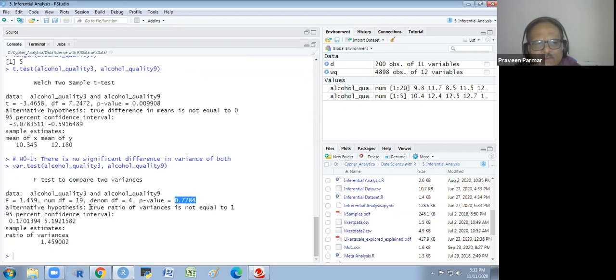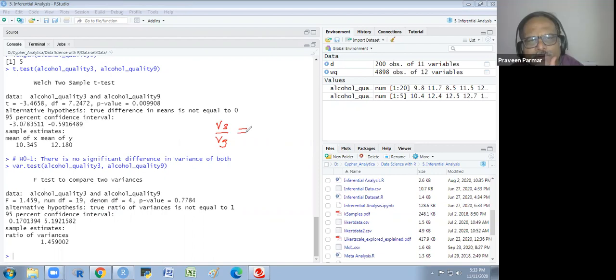So I will tell you with this true ratio of variance, so you could better understand what should be the null hypothesis. I think that the variance for 3 and the variance for 9, I am writing in this way.